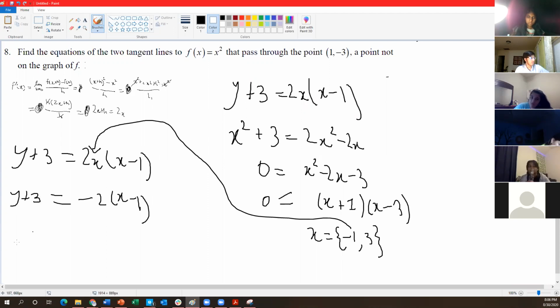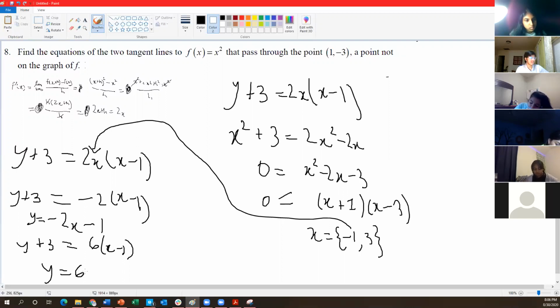And the other one's going to be y plus 3 equals 6 times x minus 1. And if you simplify these two, the first one will be y equals negative 2x minus 1, I believe. And then the other one will be y equals 6x minus 6 minus 3, which is minus 9. Correct me if my arithmetic is wrong. So these are our two equations. This one and this one.